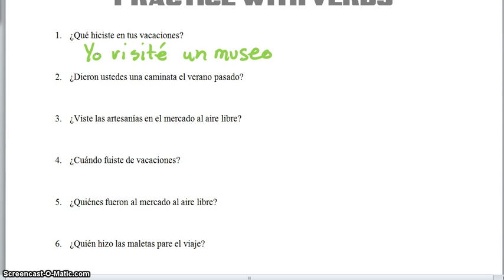What about número 2? ¿Dieron ustedes una caminata el verano pasado? Now you have to think back to one, the conjugations of this verb in the past tense, and two, do you know your vocabulary? Because dieron una caminata is dar una caminata, just in the preterite tense. And once again, what does ustedes mean?